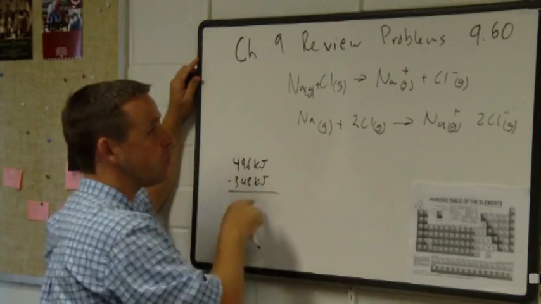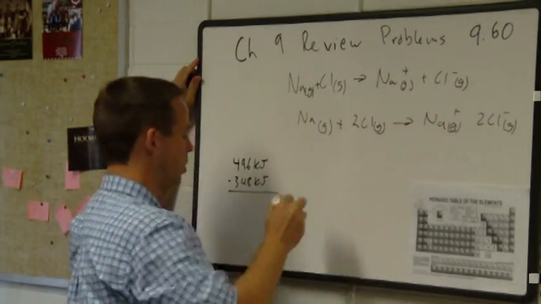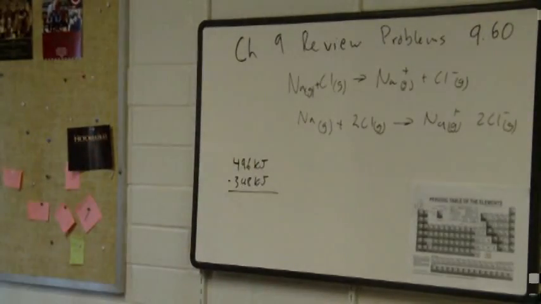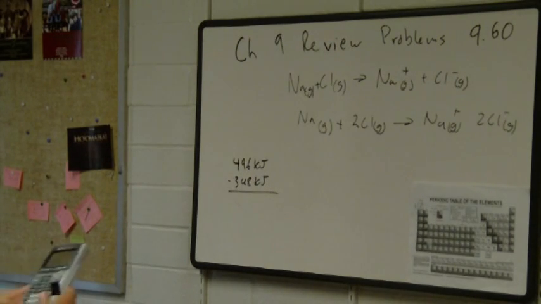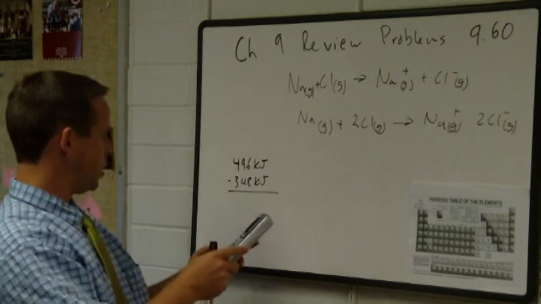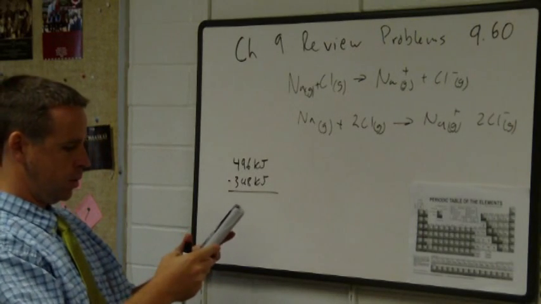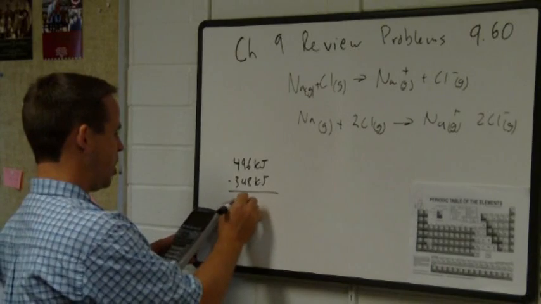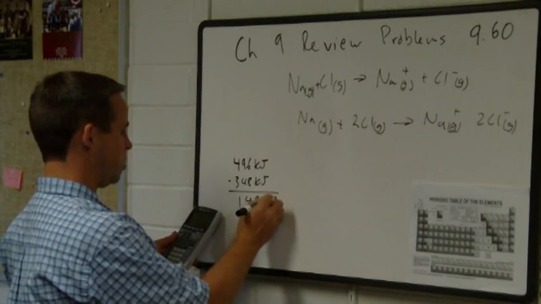We receive 348 when we give an electron to chlorine. So the difference here, let me get my calculator. We got 496 plus a negative 348, and this is a positive 148 kilojoules.